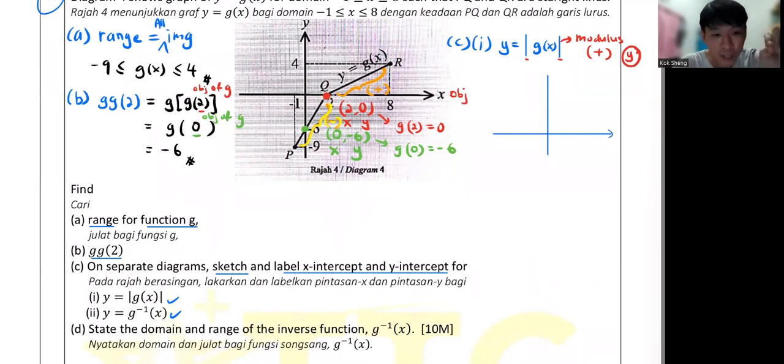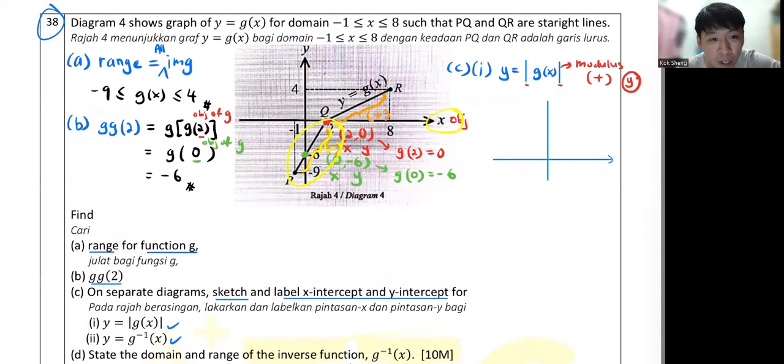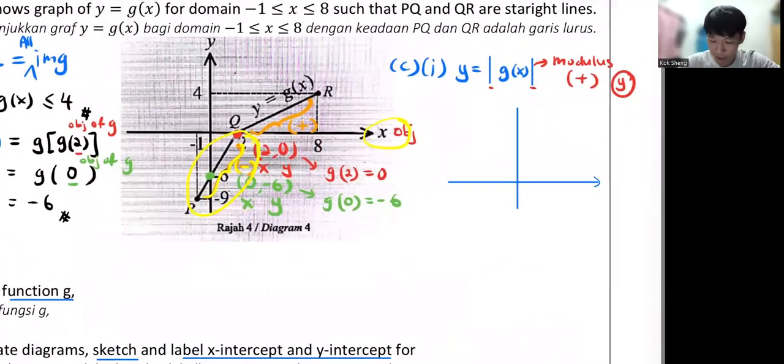Can you see the color? So yes, this part, we have to change all the y to become positive. Very simple, just do the reflection using your axis. So the -9 will become +9, and the -6 will become +6. Okay, so let's draw the graph. Make it bigger a bit.